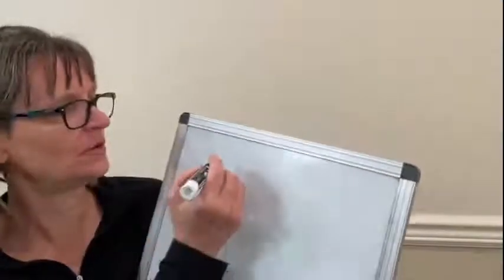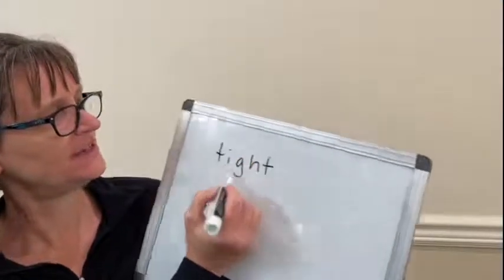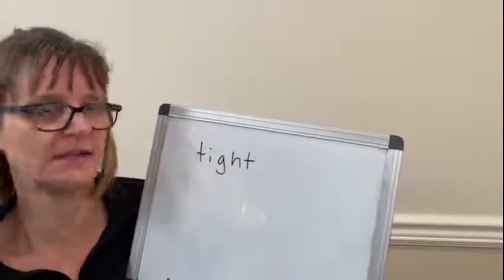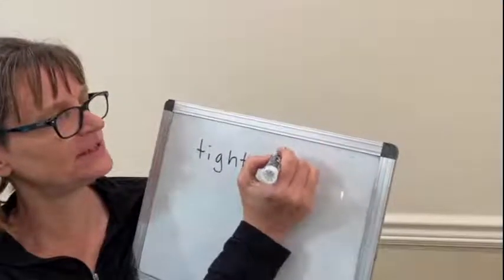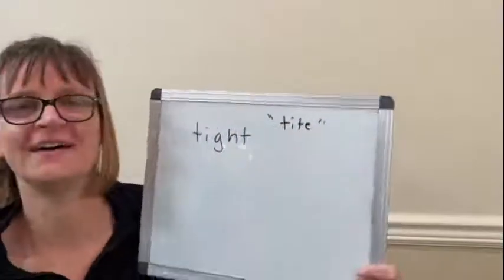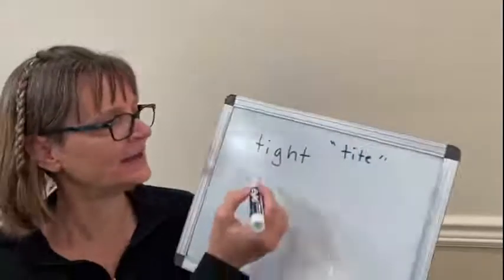We have a question about the words tight and weight. So for tight, we have the IGHT, just like in words right and night. Sometimes people rewrite these like this to show again that we have that I saying its name.